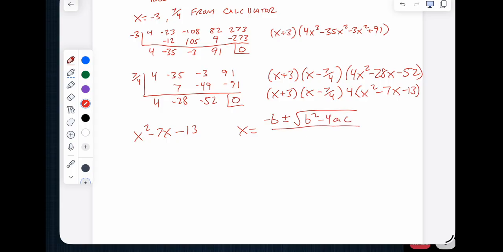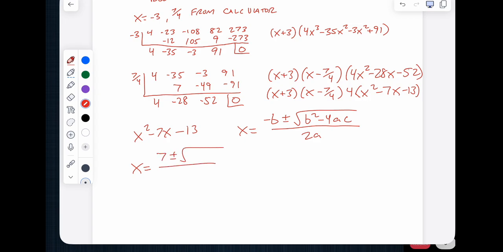And I will talk through what I would do, but hopefully quadratic formula is something that you've done plenty of times. So I do not plug everything in like I may do with an Algebra 1 student. I just do the opposite of B, 7.